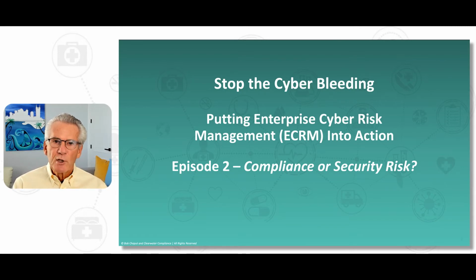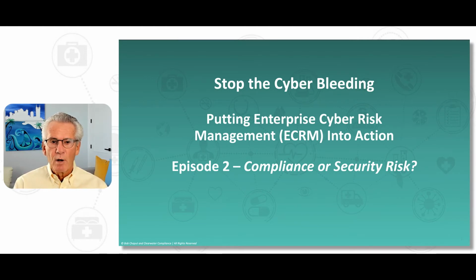Now, the HIPAA security rule very specifically uses these words and calls them out in what I call the preamble to the HIPAA security rule. It's actually at 45 CFR, Code of Federal Regulations, Part 164, Section 306, under security standards.